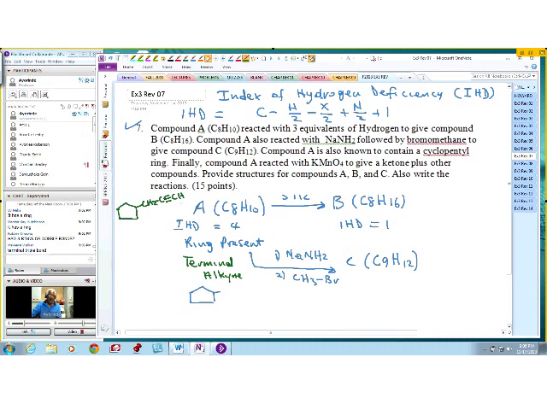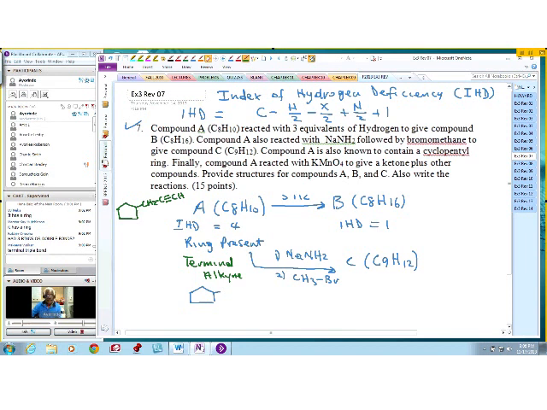That's your terminal alkyne. That's your cyclopentyl ring. So now this methylene group, all I'm doing is just adding this here because compound A only has 8 carbon atoms. If you count this, 1, 2, 3, plus 5. That's 8. Okay, let us continue.